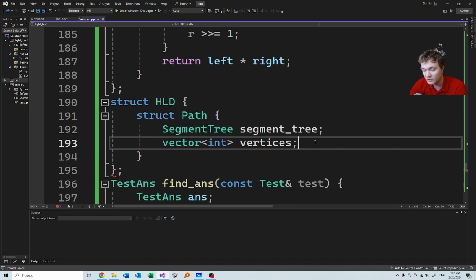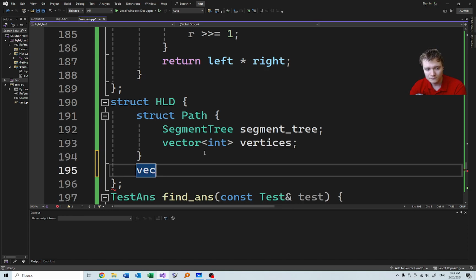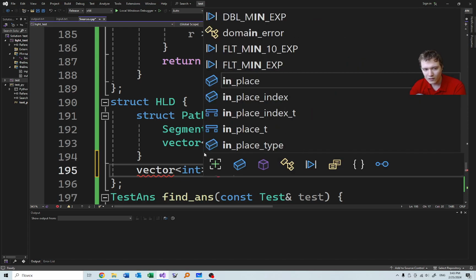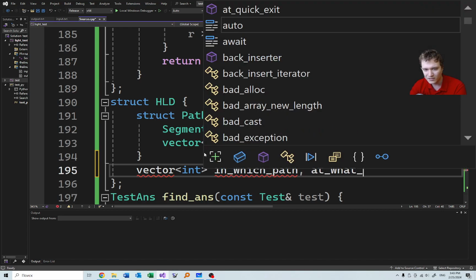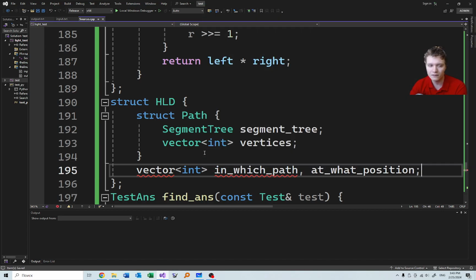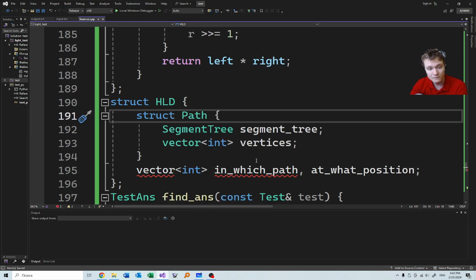I think it's reasonable. Finally, I would like to also, for each vertex, I want to know in which path and at what position in this path. Okay, let's store two vectors for each vertex.